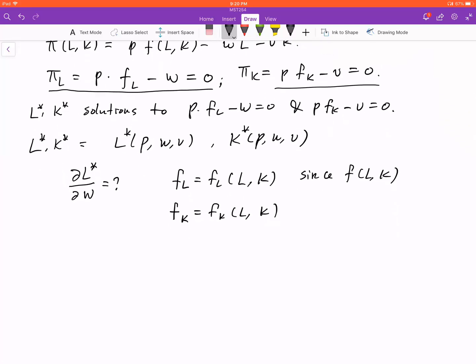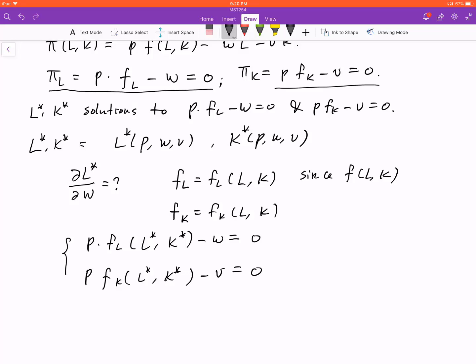We have these two equations. We have P times F_L, and we have L star and K star. They are solutions, right? And minus W is equal to 0. And also we have P F_K, and these are functions of L star and K star to begin with. So we have these two equal to 0.